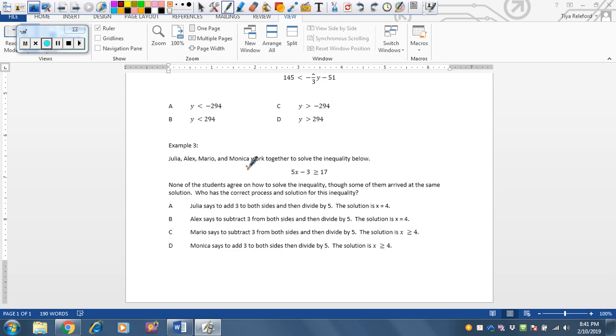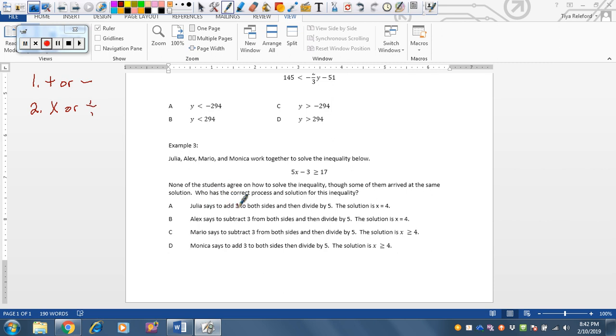You could solve it, or you could just start with reading. If it were me, I would solve it and then compare my steps to the other steps. But remember, your first step is to add or subtract, and your second step is to multiply or divide.